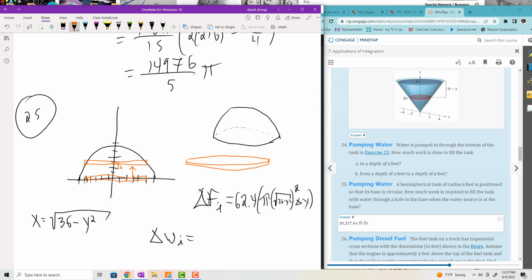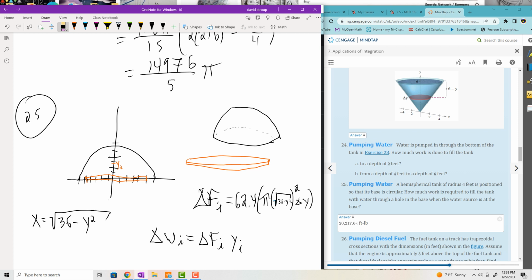So that's the distance traveled. Okay, so it's going to be the force increment times the distance it has to travel to get it to its position. In other words, you're pumping that water into the object. That distance is just going to be given by y sub i, right?